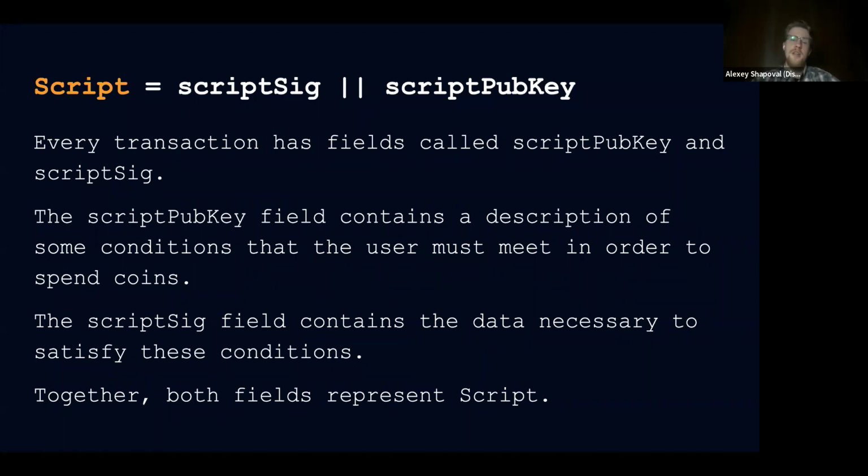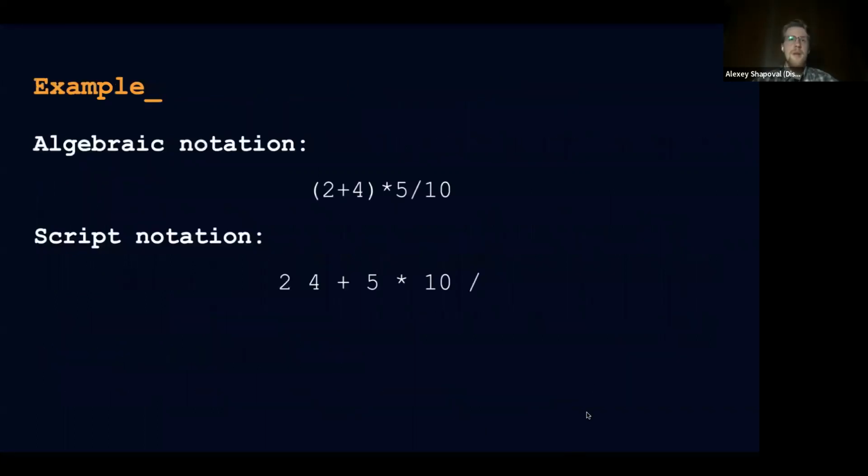Either you are the intended recipient and you just need to prove that you own this address, or there may be some more complex conditions. And the script sig contains the data necessary to satisfy these conditions. Together, when we concatenate them, these fields represent the script.